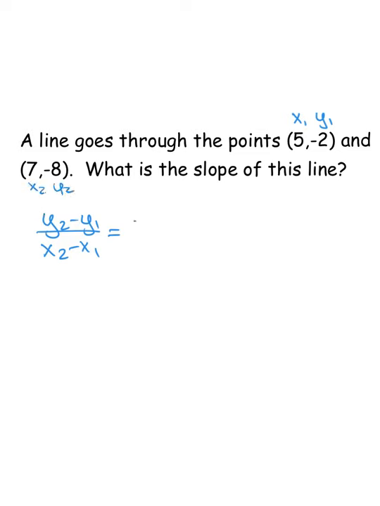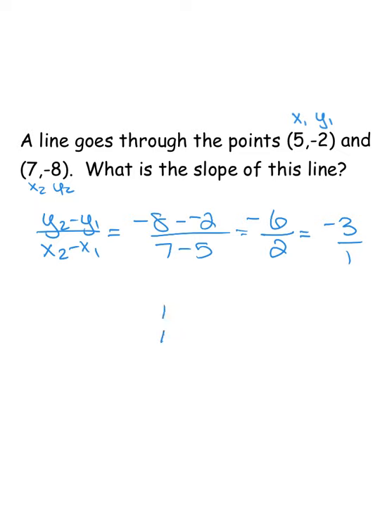Plug in your values, -8 minus -2 over 7 minus 5. This becomes -6 over 2, which reduces to -3, or technically -3 over 1 if you were counting boxes, which means if I was counting boxes, I would go down 3 and then over 1 to go from here to here on a graph.